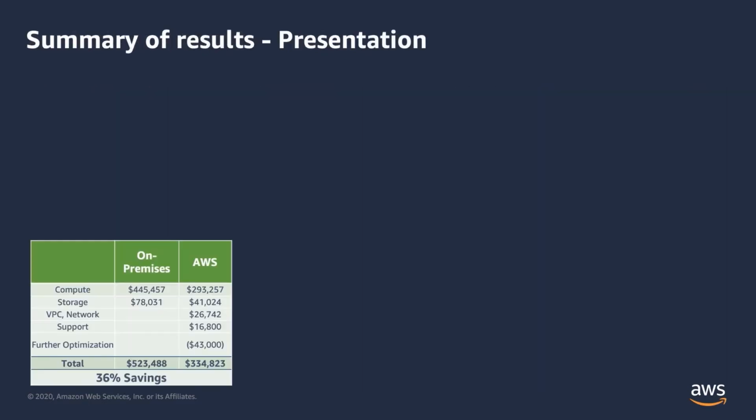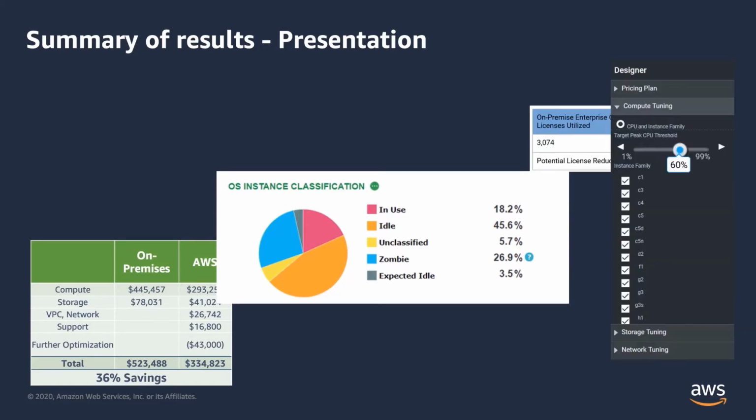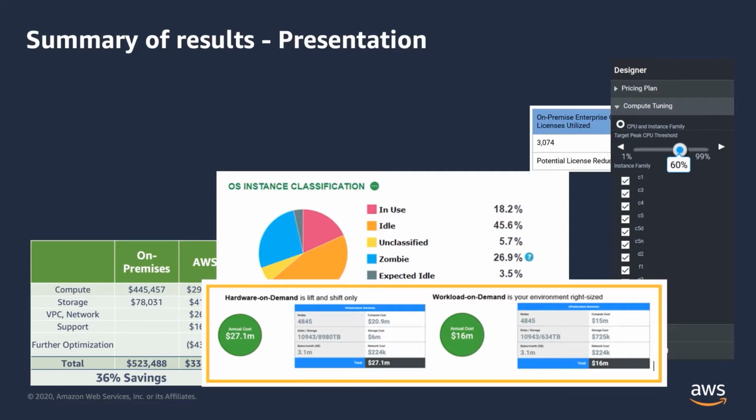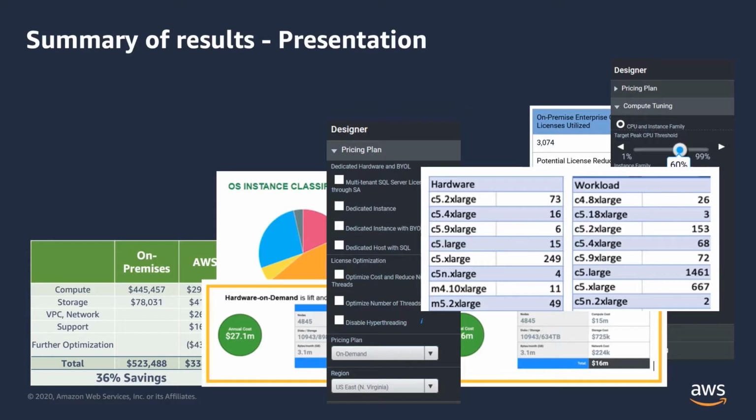Now, depending on the partner you choose for your OLA program, this is how the data will be presented to the customer. Again, the data will be available on the actual portal from the partner, so the customer has full access to that data, which they can also share with AWS as they look into the inventory.